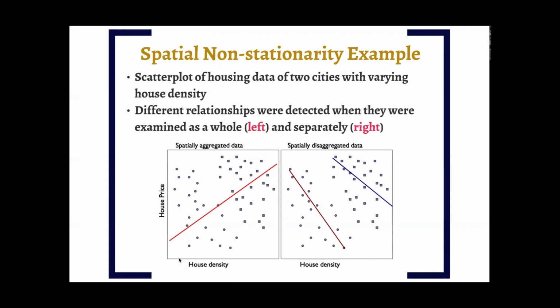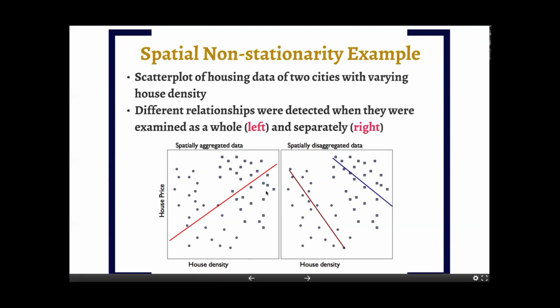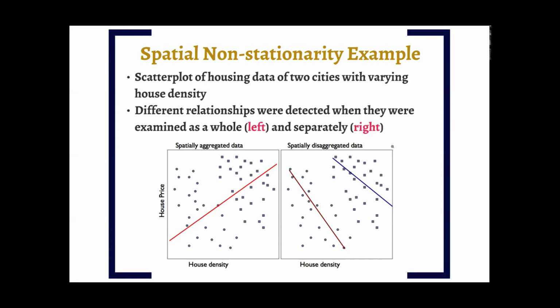When we look at the whole data set altogether, it does show a positive relationship, a positive trend, although you can see it's quite scattered. However, if we break the whole data set into 2 different cities, we can see the trend get reversed. Instead of one positive relationship across the whole thing, we see 2 negative relationships.